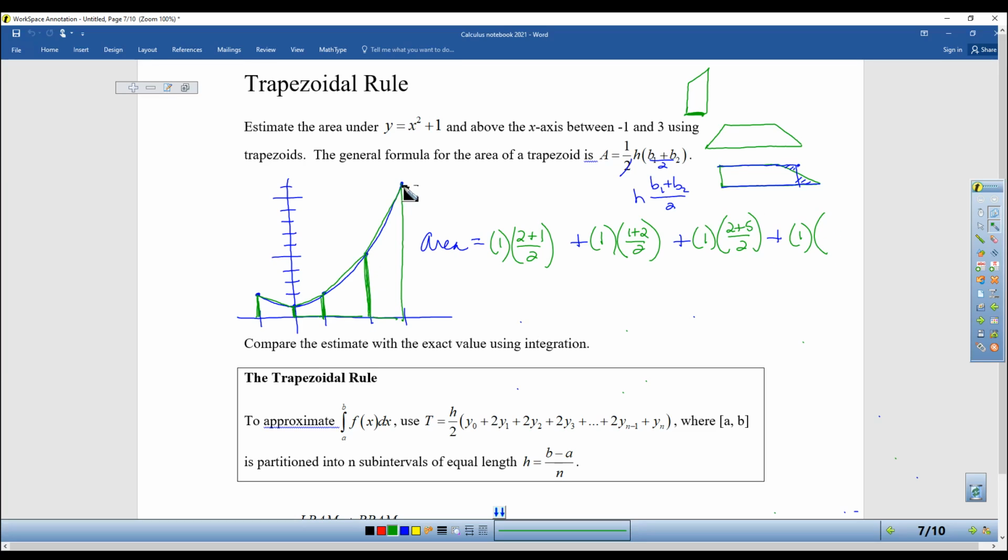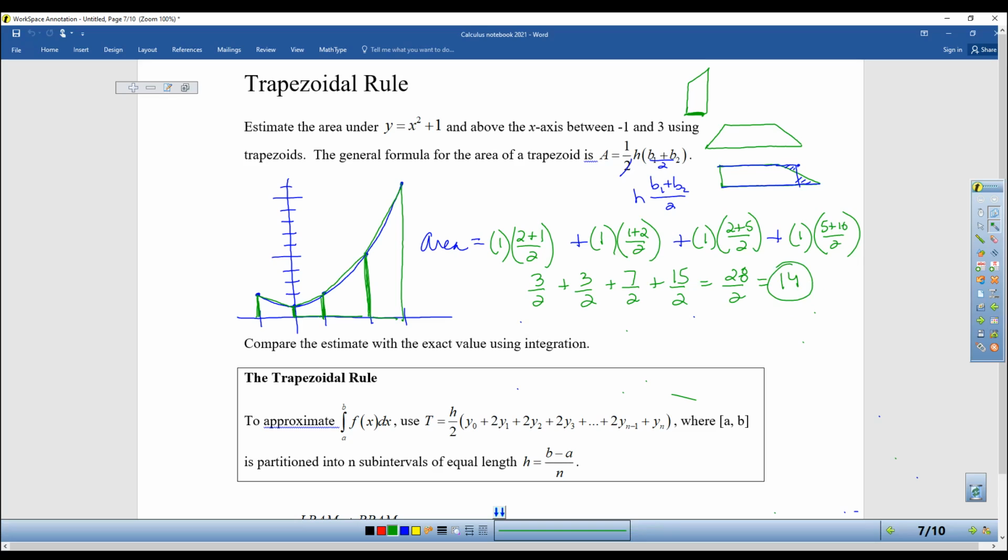And this is 5 plus 10, over 2. So we get 3 halves plus 3 halves plus 7 halves plus 15 halves, which is 22 plus 6 is 28 halves, which is 14.